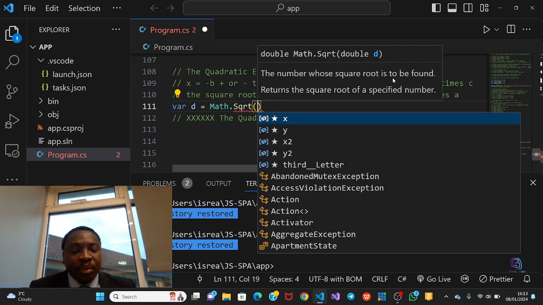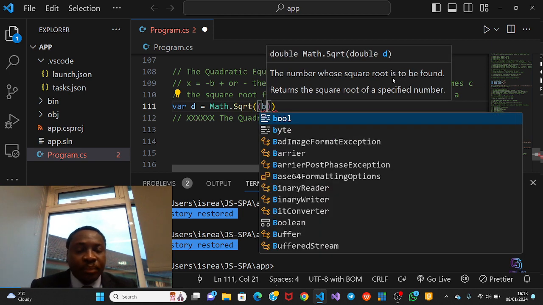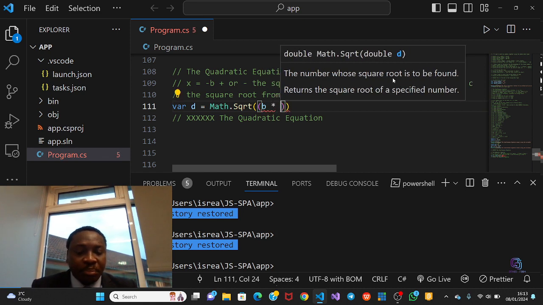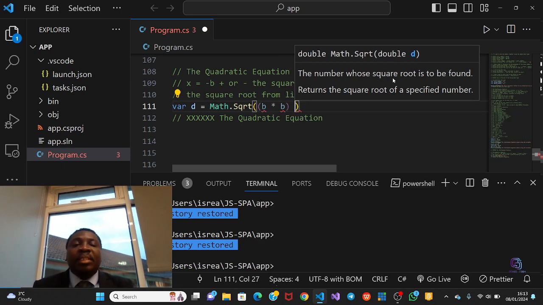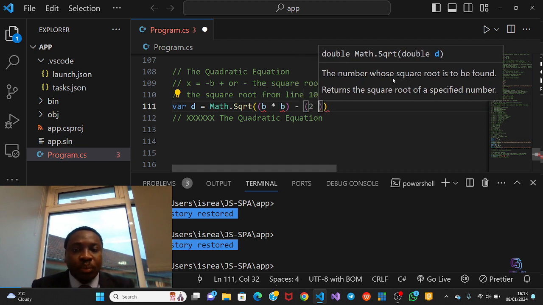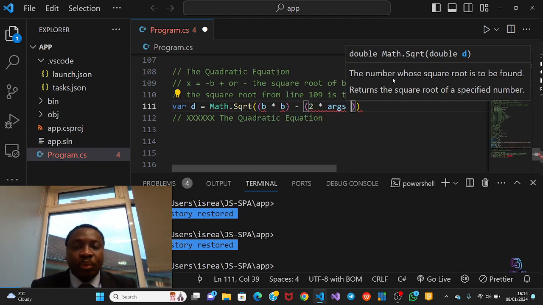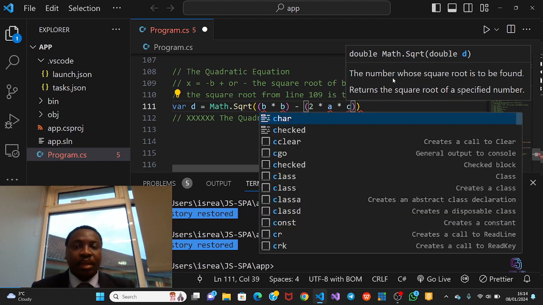math square root of b square. I can say b square is the same as b times b, so b times b minus 2 times a times c. So x is equal to minus b plus or minus square root of b square minus 2ac.